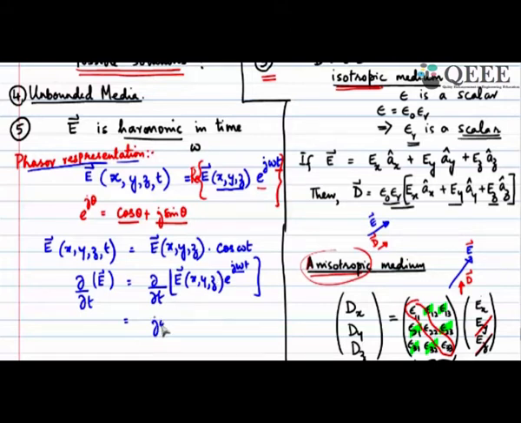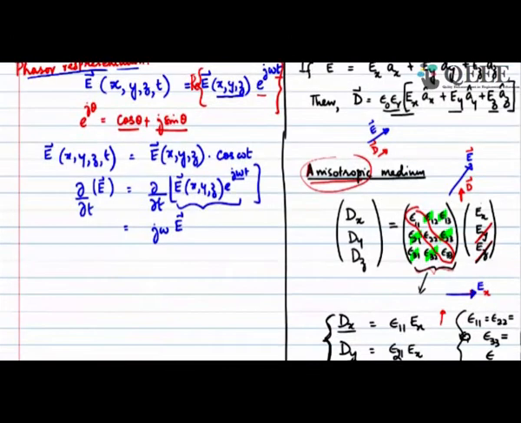So this is j omega, and I will end up with the same vector E. So del by del t of vector E turns out to be j omega E. Second derivative, which is what we need in our wave equation, del square by del t square is j omega times one more derivative of del by del t of E. So I can write this as j omega square E, which is minus omega square E. This is the power of the phasors.